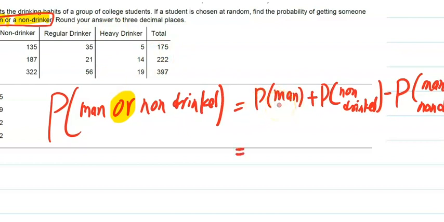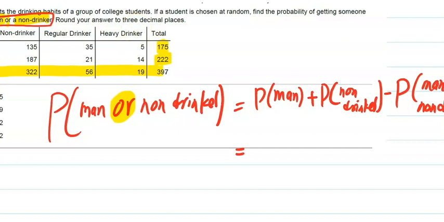Okay, again I know how many men here. So the total is given. You guys see this column is the total: 175 men. How many women? 222 women. How many non-drinker? 322 non-drinker. How many regular drinker? 56. How many heavy drinker? 19. You have a total here, both row and column as a total.